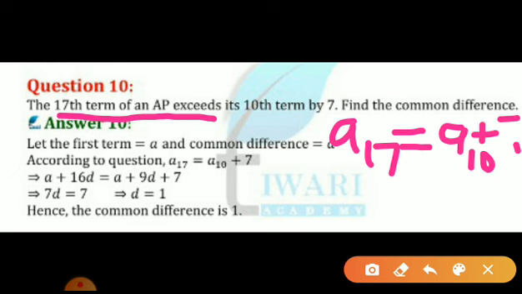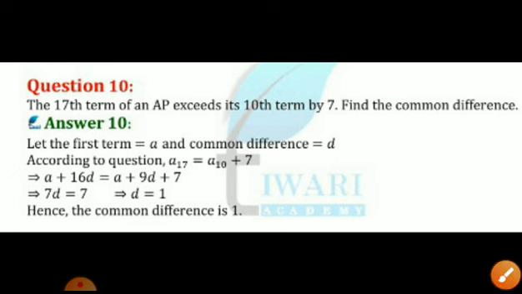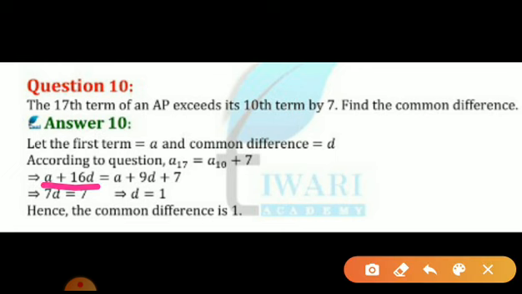That means my 17th term is greater by 7 than the 10th term. So this is the relation that I have between A17 and A10. Now A17, you know by formula, is a plus 16d, and A10 is a plus 9d.